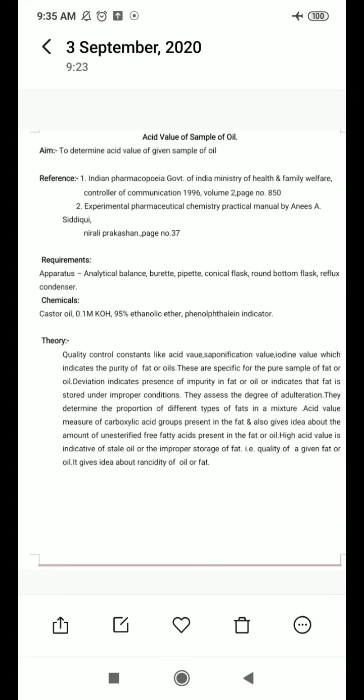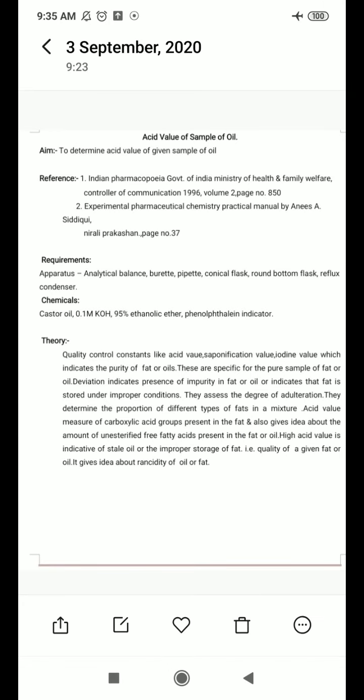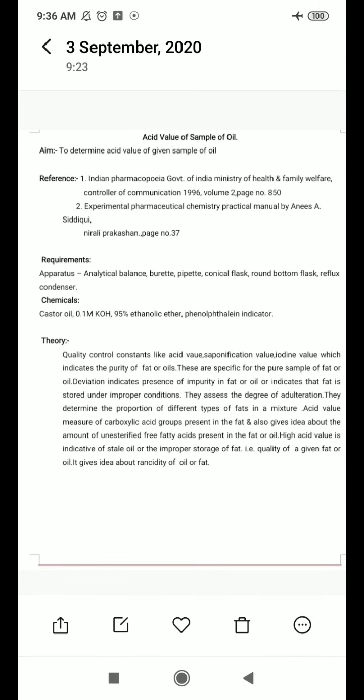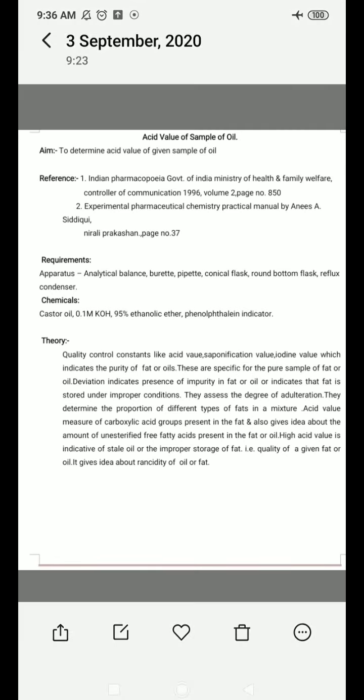From that basis, after analyzing the acid value, you can conclude whether your sample is pure or impure. If the value deviates from 100 to 120, then we can say your sample is degraded or rancidified. These limits are specific for a pure sample of fat or oil.